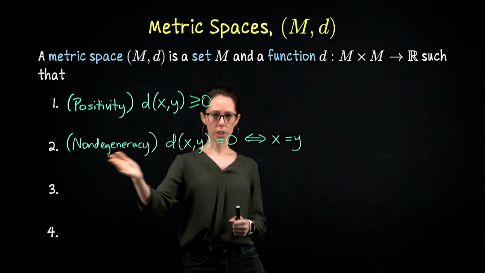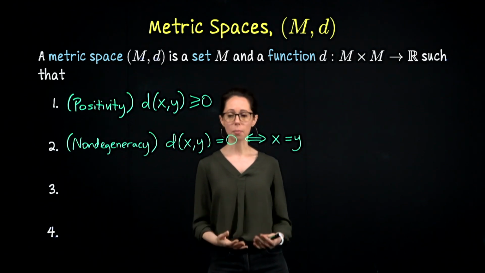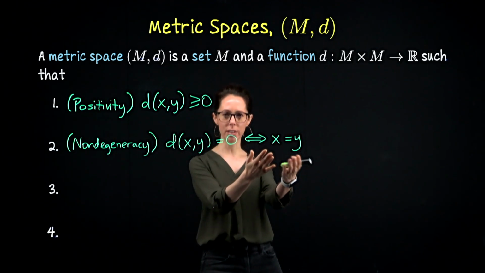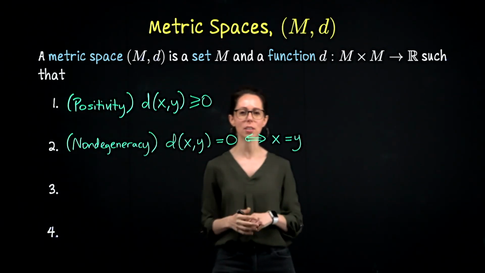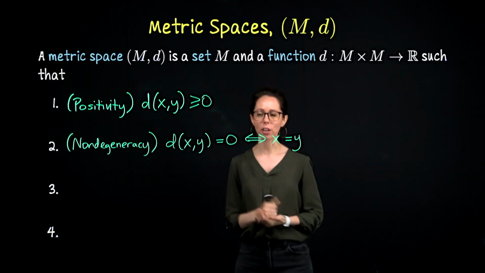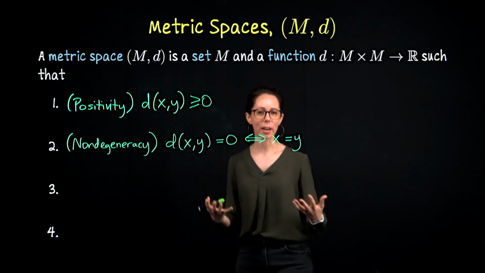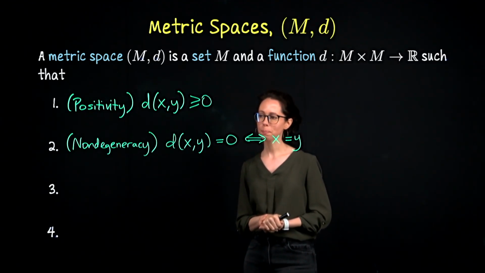We call that non-degeneracy because this word indicates that d distinguishes between distinct objects. If it couldn't tell the difference between two different objects x and y, if it collapsed them onto each other and said their distance was 0, that would be a degenerate function. So here we're saying that it separates different elements. You can tell the difference between them.